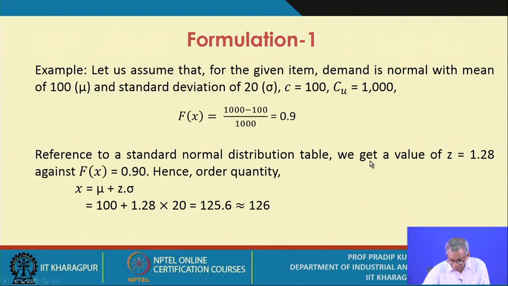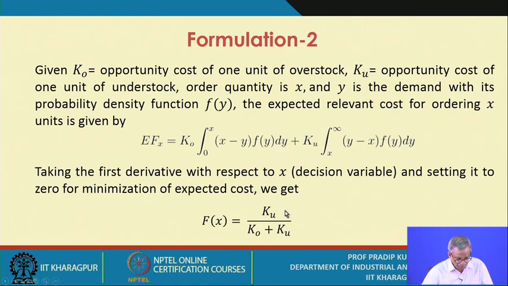From the standard normal distribution table you get a value of z equals 1.28 against capital F(x) of 0.90. Hence the order quantity is x equals mu plus z into sigma, that is 100 plus 1.28 into 20, that is 125.6, approximated as 126 units.